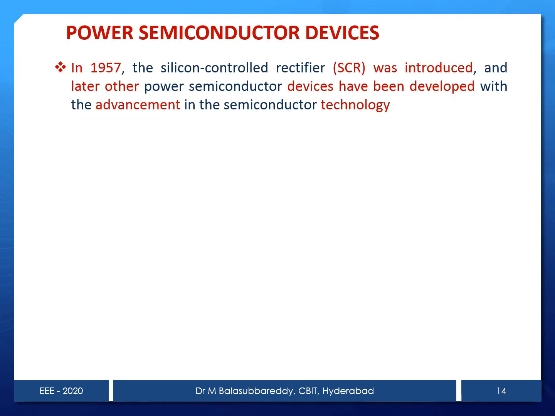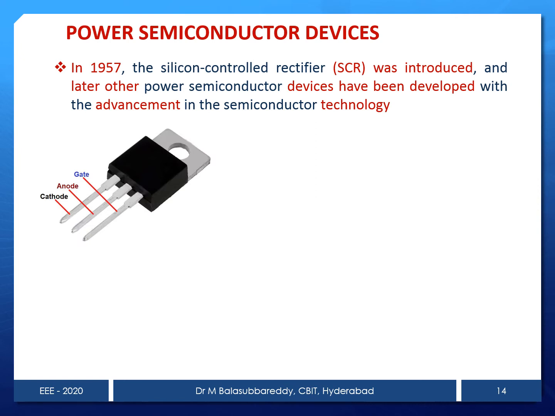So now we'll see the power semiconductor devices. In 1957, the SCR was introduced, and later other power semiconductor devices have been developed with the advancement in semiconductor technologies. This is the SCR symbol, consisting of three terminals: anode, cathode, and gate.